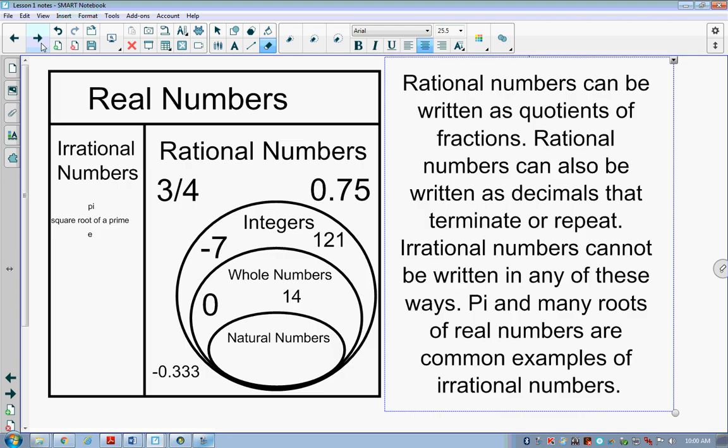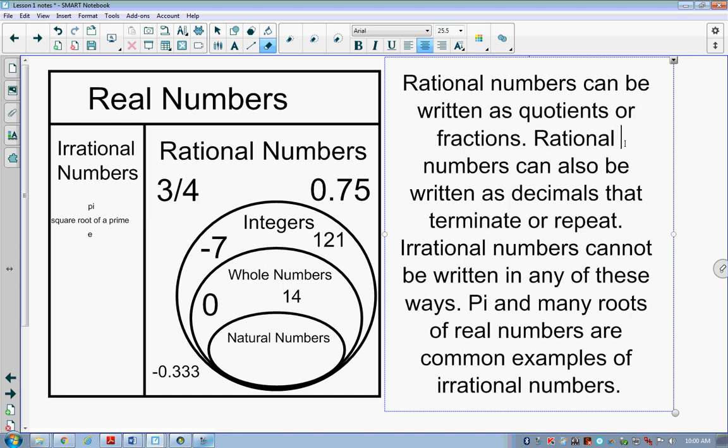Rational numbers can be written as quotients or fractions, meaning that a rational number is the quotient of two integers. Rational numbers can also be written as decimals that terminate, which means that they end, or repeat. So it has to be one of those two.